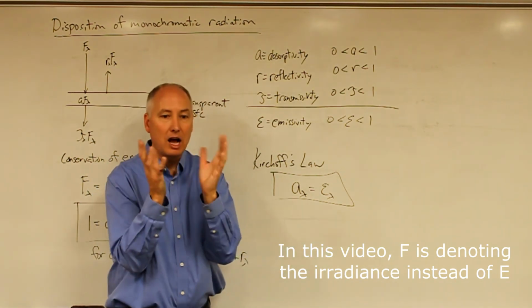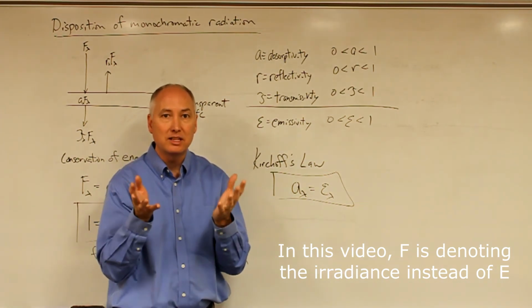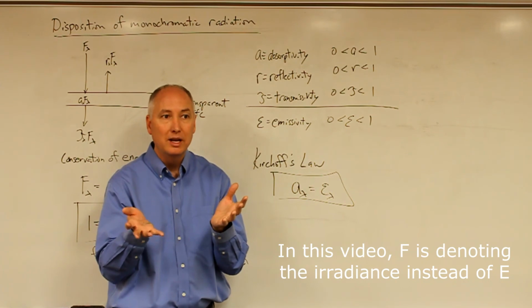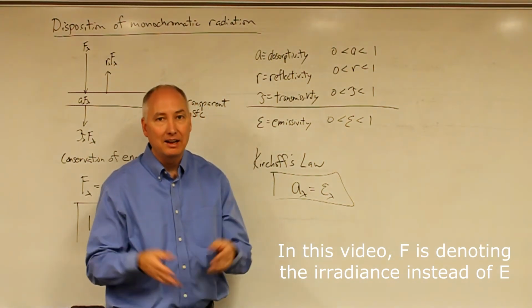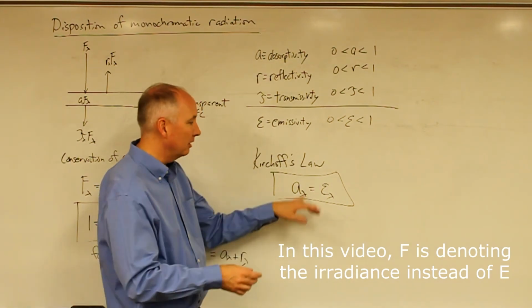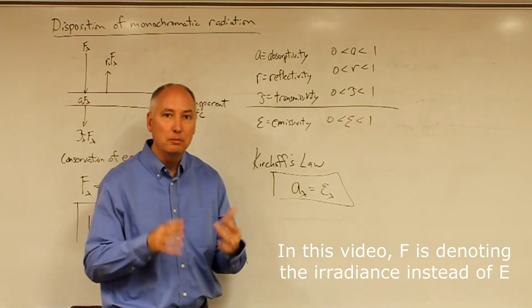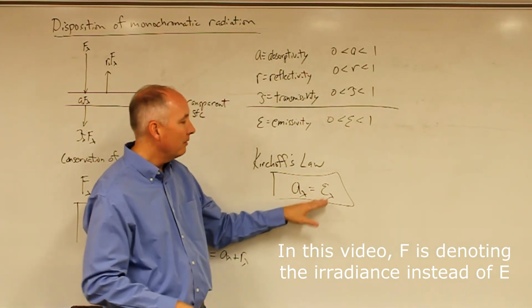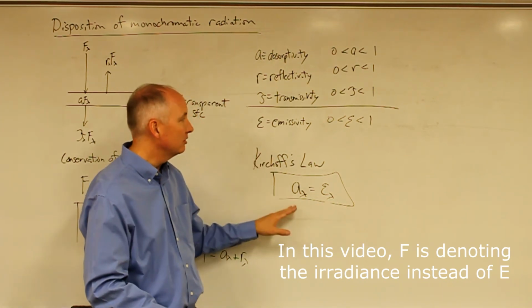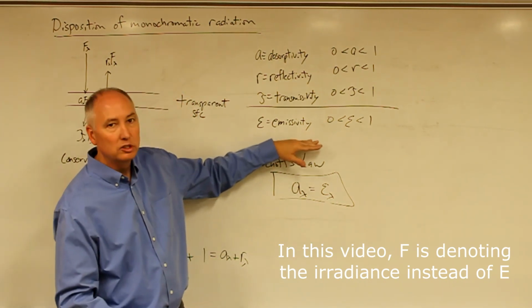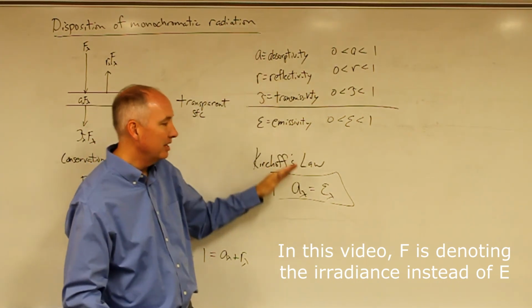If you have an object that absorbs radiation at a particular wavelength, that means that wavelength is able to excite some kind of vibrational mode in that object. And if there's a resonance with that particular frequency for the absorption, then that object will still vibrate at that same frequency and will be able to emit that radiation with an equal efficiency. So that's Kirchhoff's Law, and I just wanted to include the emissivity here so that we could show the relationship between the absorptivity and the emissivity.